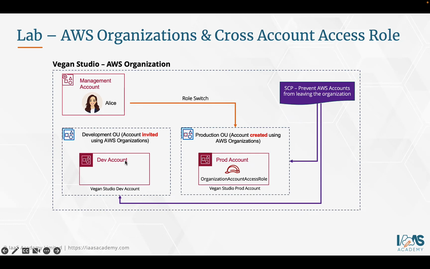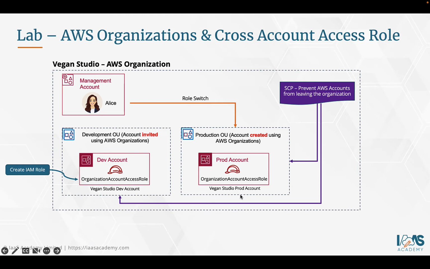Now, in the case of the development account, which existed prior to establishing the organization and which we subsequently invited as a member to the organization, this organization account access role hasn't been created for us automatically. So if Alice needs to access the dev account, perhaps because she's a developer, we will first need to actually create such a role to grant the management account access to the dev account. And so what we'll need to do is to create a new IAM role called the Organization Account Access role.